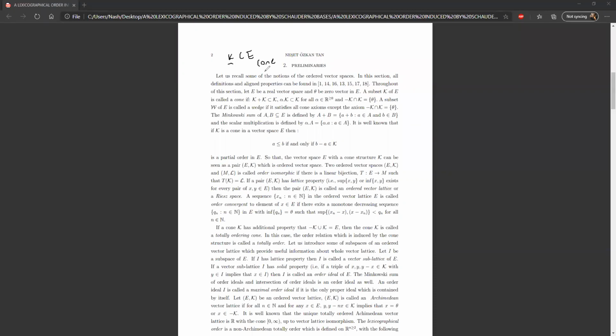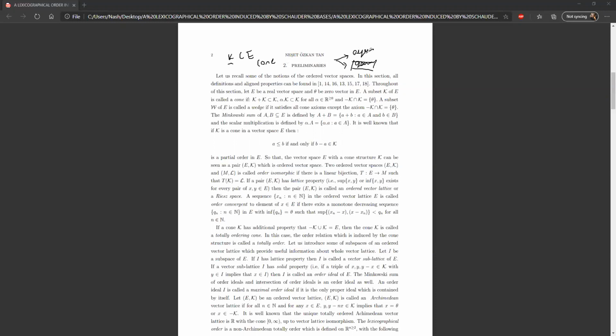This is a characterization of partial order in vector spaces. Indeed, we have two ways to do that: the first way is algebraic, and the second way is geometric. At the moment, I am using the geometric way to give a partial order in a vector space.